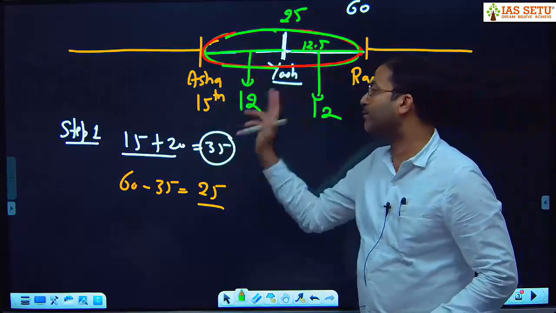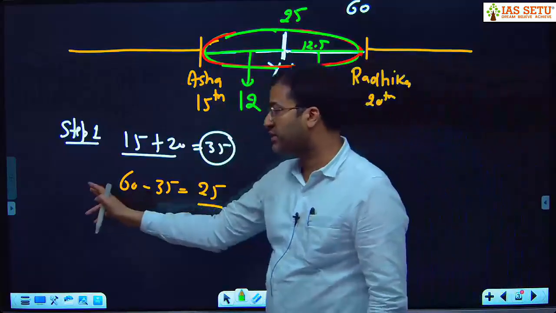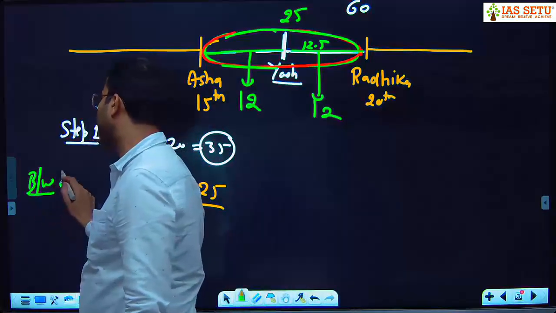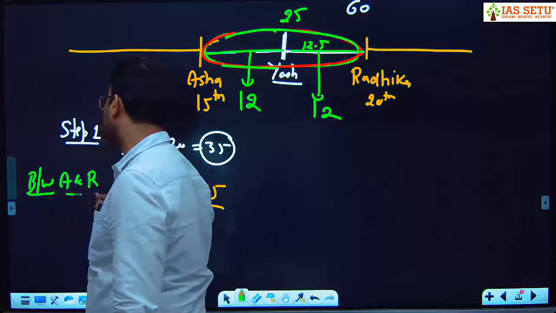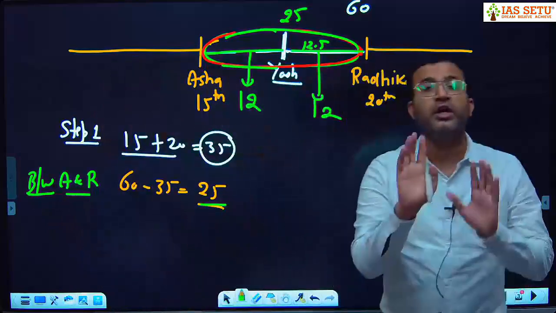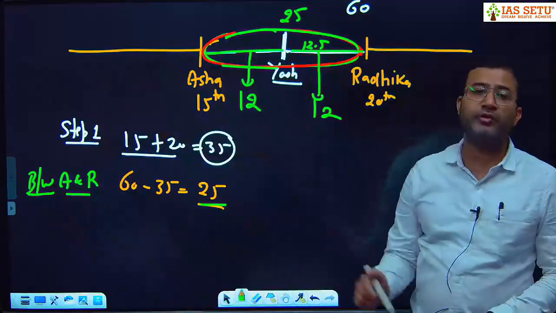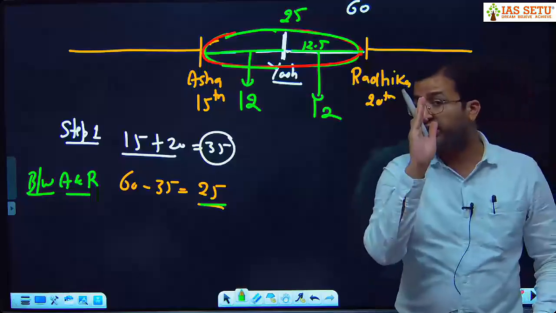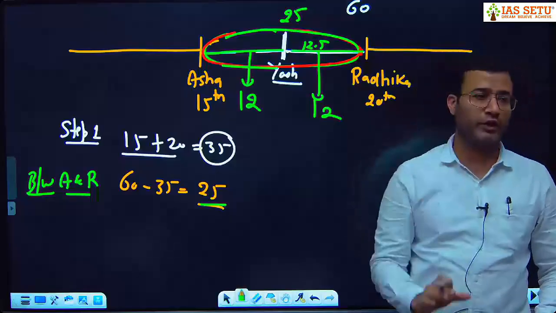How many are between Asha and Radhika? Step number 2 is we have to find how many persons are there between Asha and Radhika. 25. Out of 25, 1 is yes. Remaining 24 you have to divide in such a way you get 12 this side, 12 this side, so that yes will be exactly middle of the two.